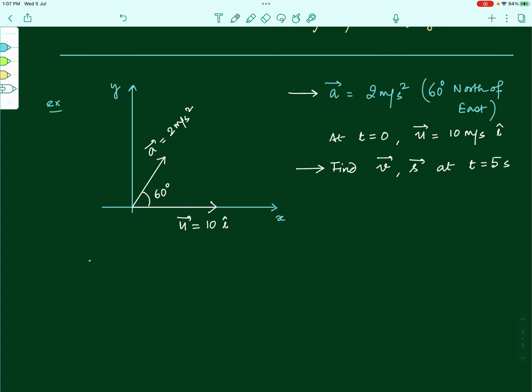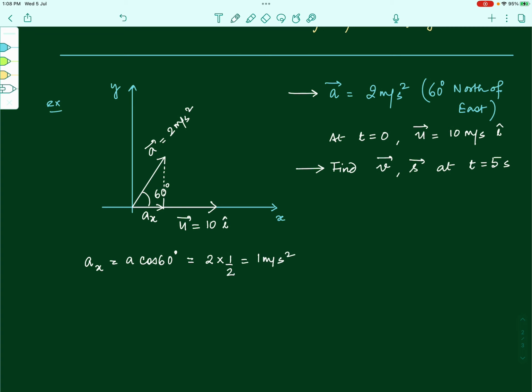First thing is, we can say that the acceleration along the x axis. Now for that you need to once again have an understanding of component of vectors. What will be the x directional component of acceleration? Ax. Understand from this figure, it will be a cos 60, right, which in this case will be 2 times cos 60, which is 1 by 2, so 1 meter per second squared.